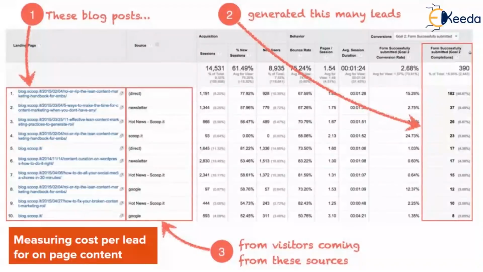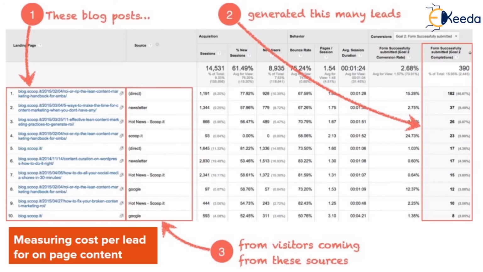Now, this is how you can capture cost per lead in your Google Analytics dashboard also. You can measure cost per lead for on-page content. So for different blog posts or different pages on your website, you can track how visitors are arriving on those particular pages, and the number of visitors arriving on each page can be captured.